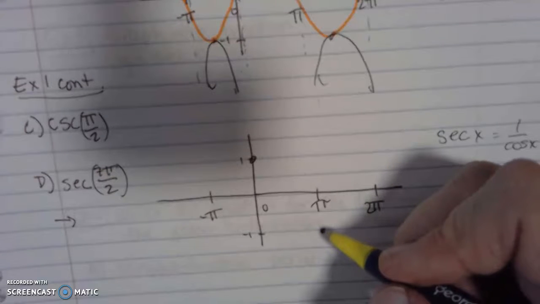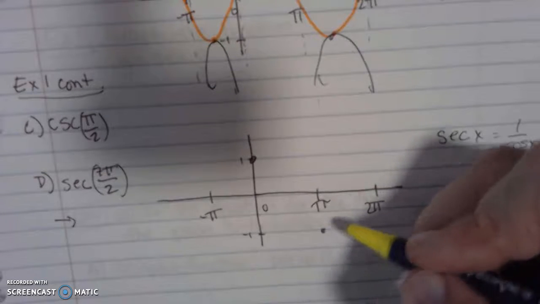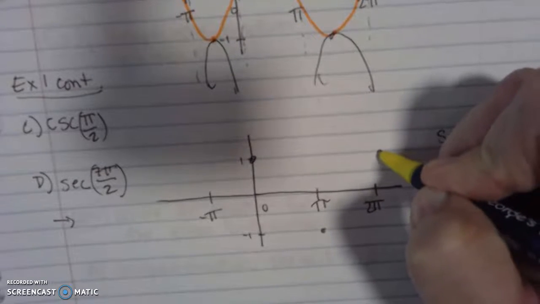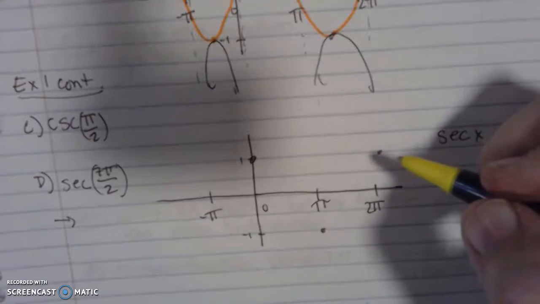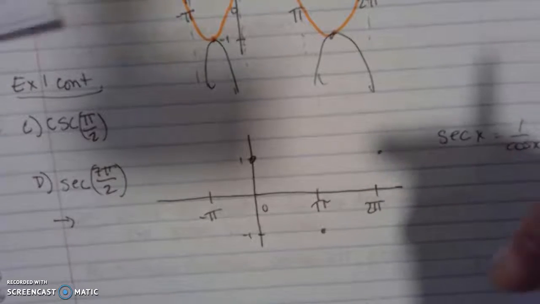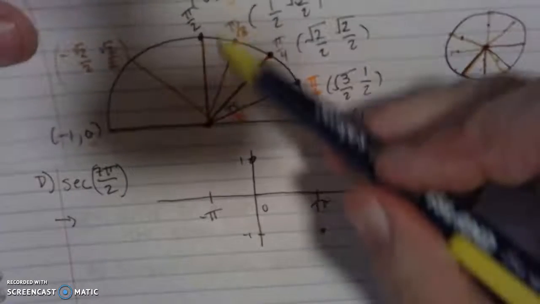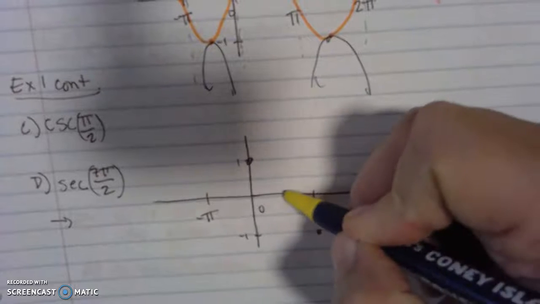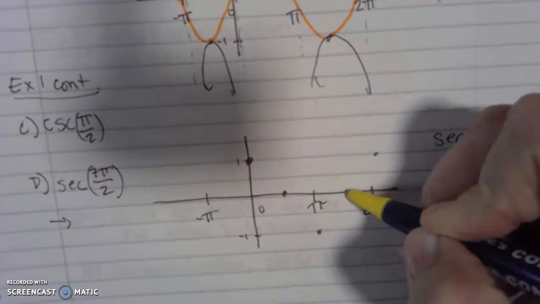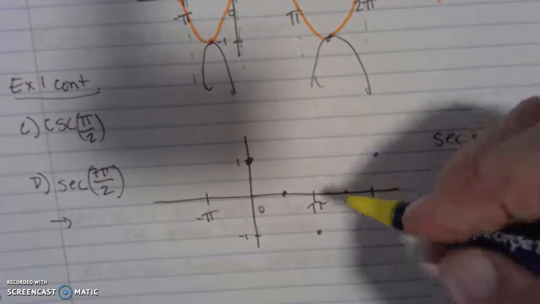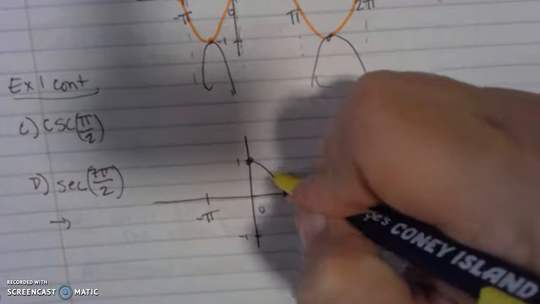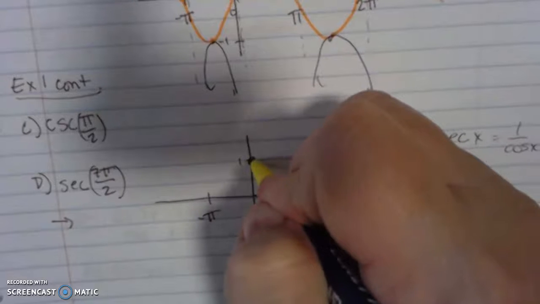Cosine of 2 pi is +1. Where are my zeros? Cosine is 0 at pi halves, and 3 pi halves. So this is going to look like this, and then we get the same thing the other way.